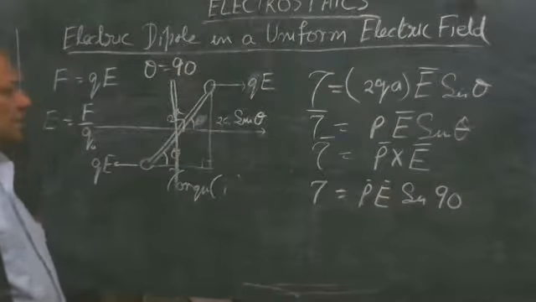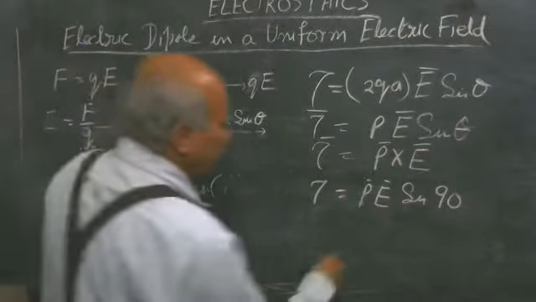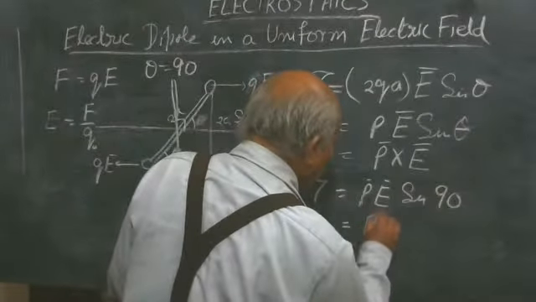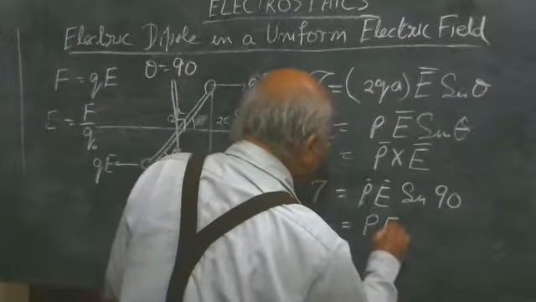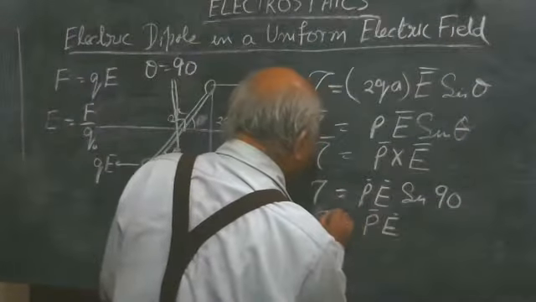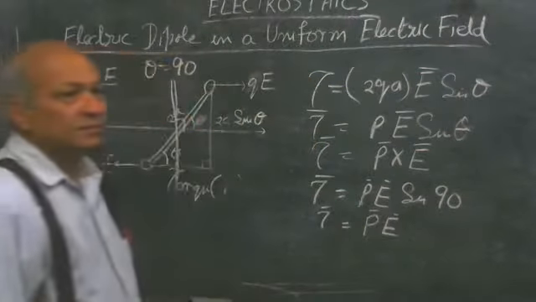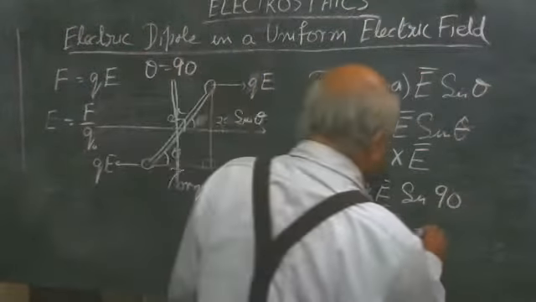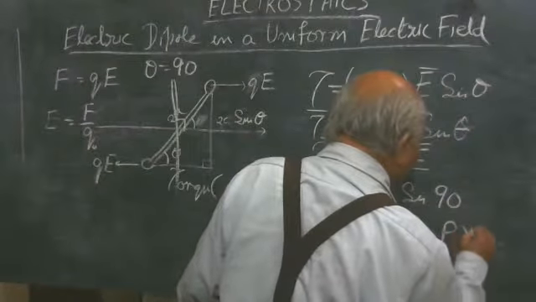Sin 90 is equal to 1. Hence the torque is PE. This is the electric dipole in a uniform electric field. Since this is a cross product, we can write P cross E.